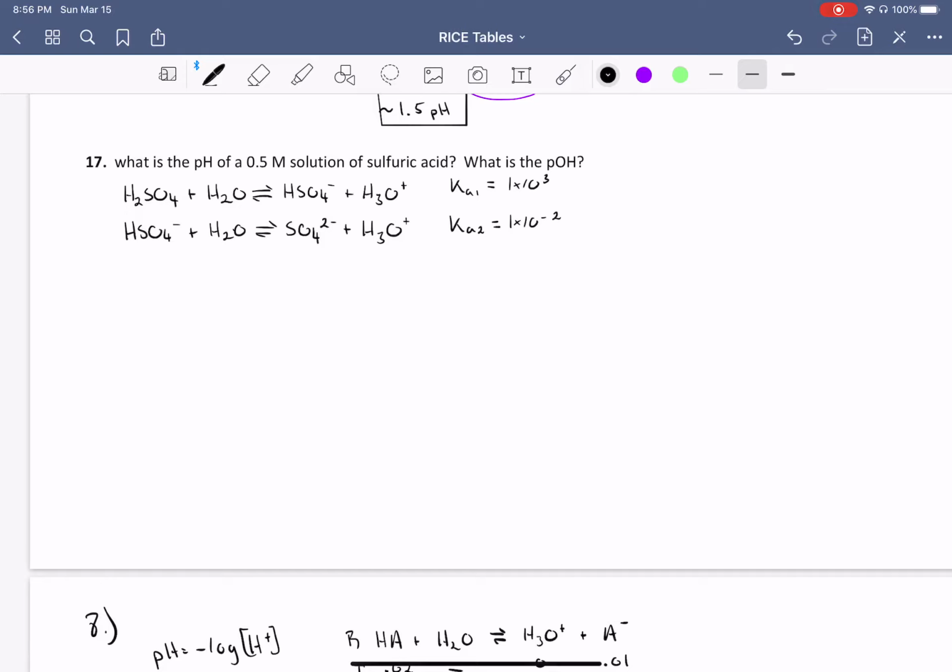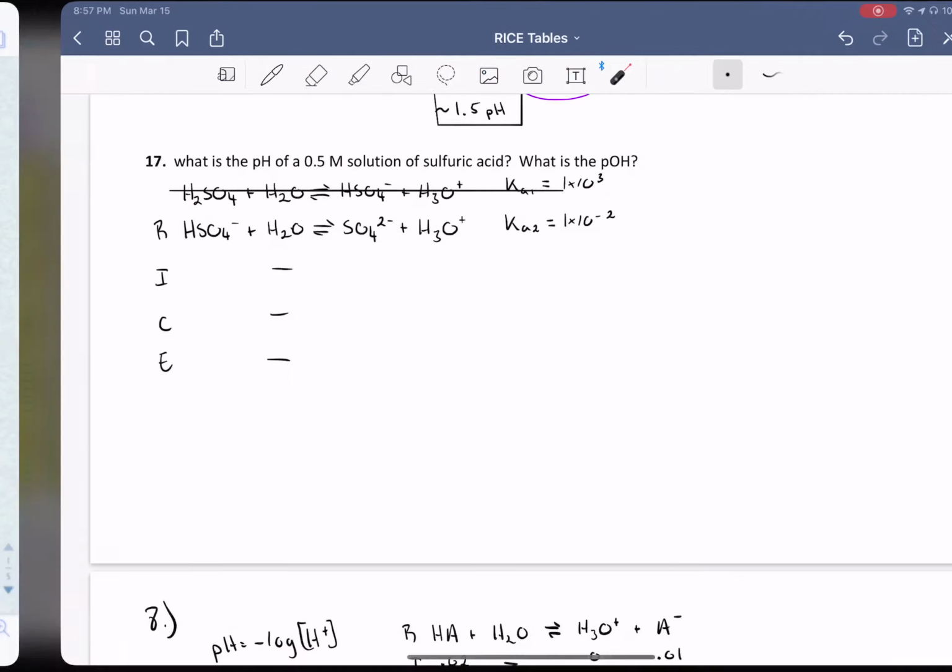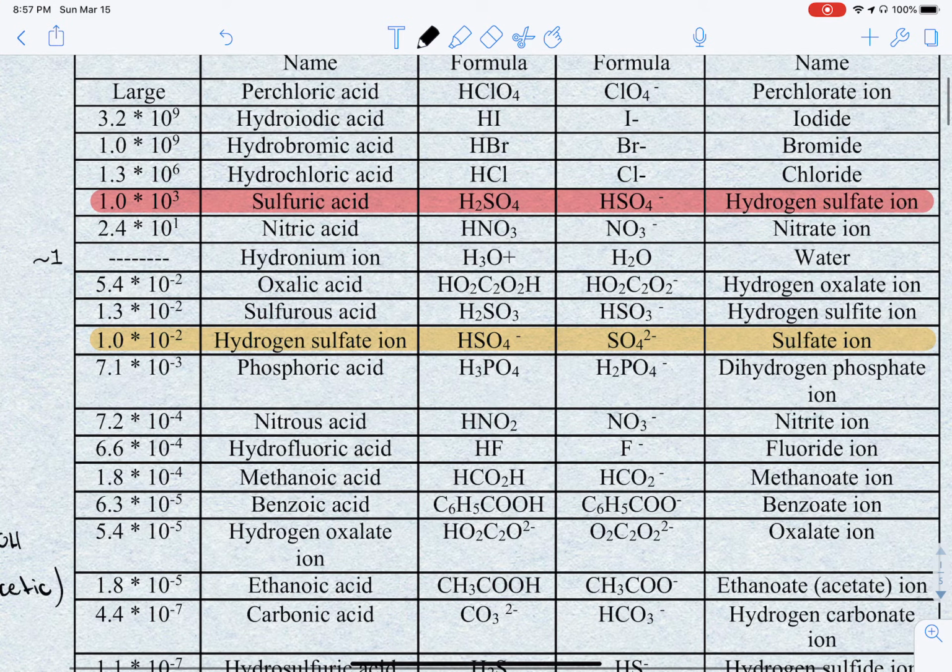So for our RICE table, we're actually going to ignore this equation, and we're going to use this bottom one. So RICE, and we know that water is not going to be included in the equilibrium expression. And what we have to realize is as soon as we put that acid into the solution, that first proton already came off and left us with this HSO4 minus, or what we call the hydrogen sulfate ion.